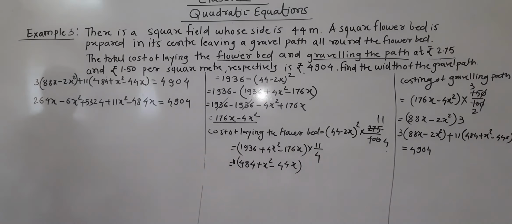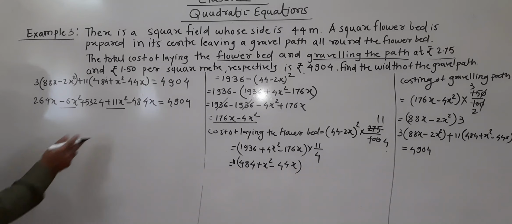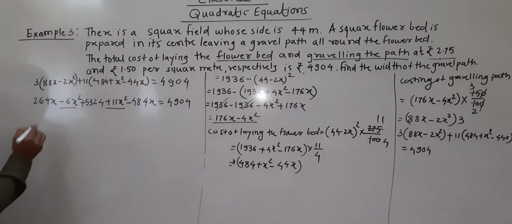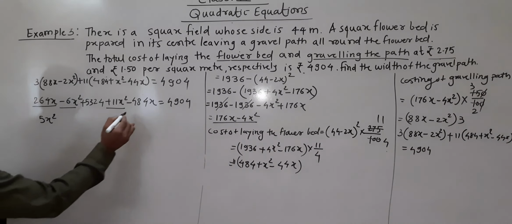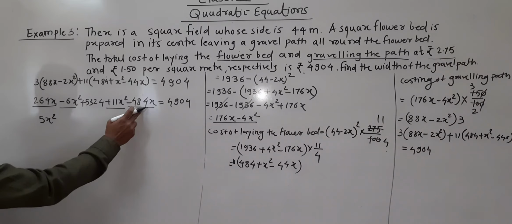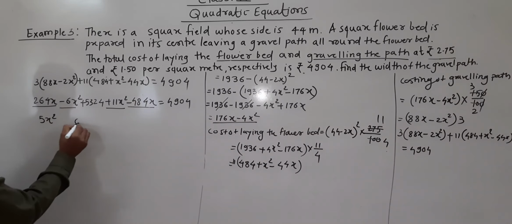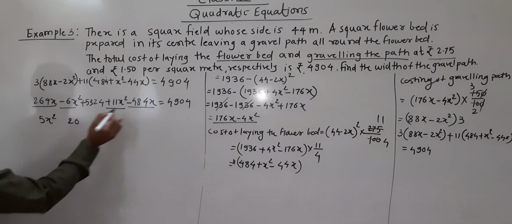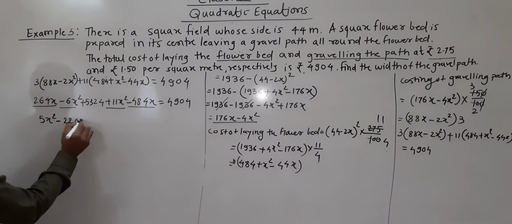Okay, so now we can collect like terms. Minus 6x square plus 11x square. So 11 minus 6 is 5x square. 264x minus 484x. So this is the greater number, so we can use that sign. 4 minus 4 is 0, 8 minus 6 is 2, and 4 minus 2 is 2, minus 220x.